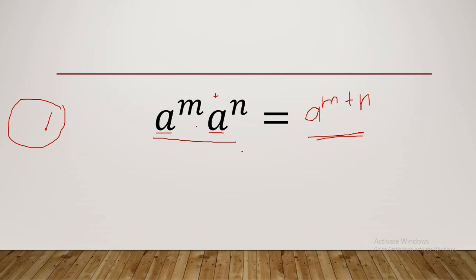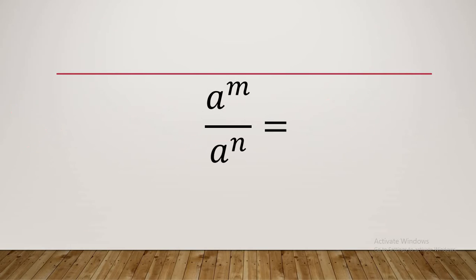Okay, now let's look at rule number 2. We have a raised to the power m divided by a raised to the power n.